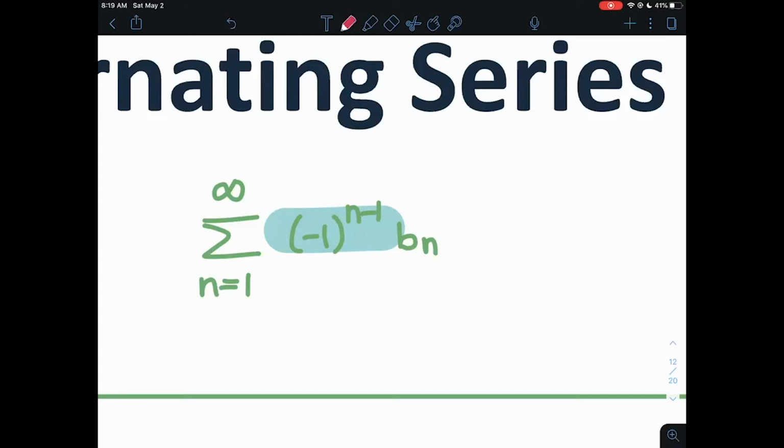And then we explicitly separate the non-alternating piece, just the positive series term. And we call that b sub n in most textbooks. We can call it really whatever we want in the conditions that I'm showing here. I am pulling out the non-alternating part as just b sub n.